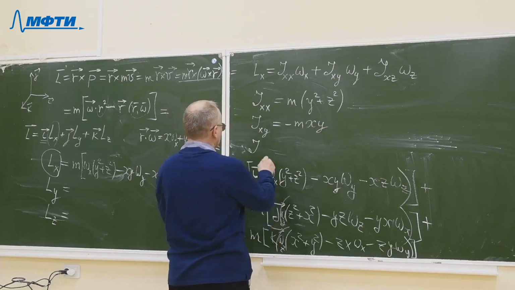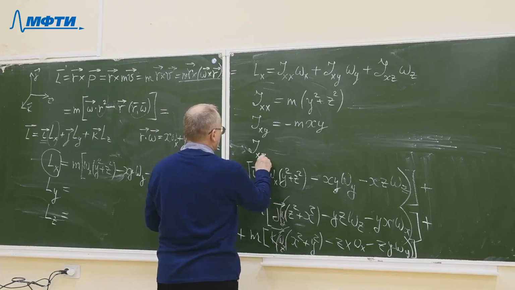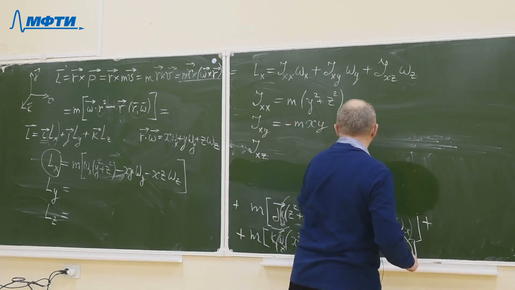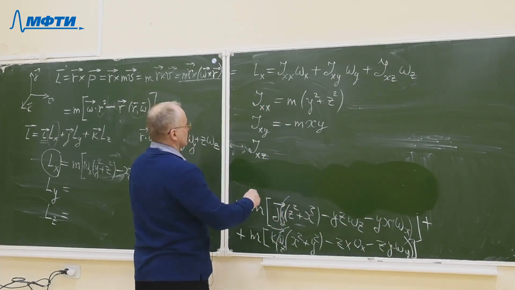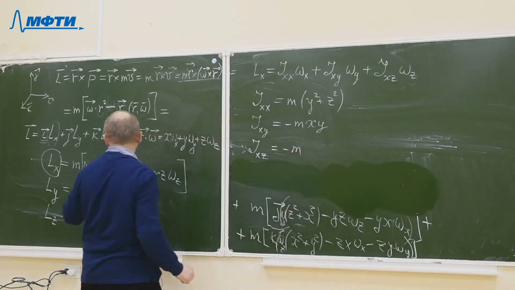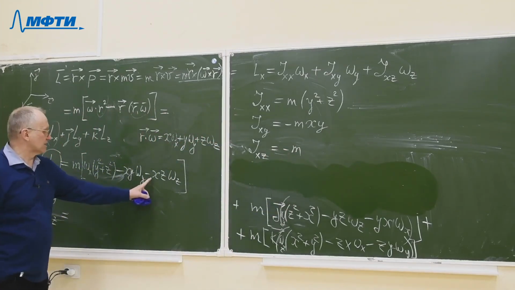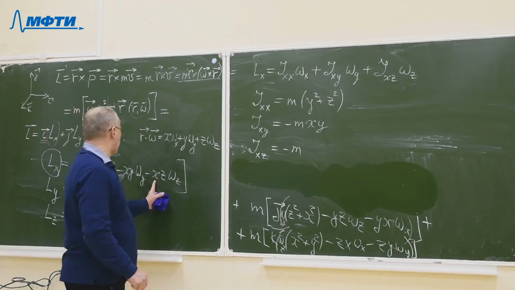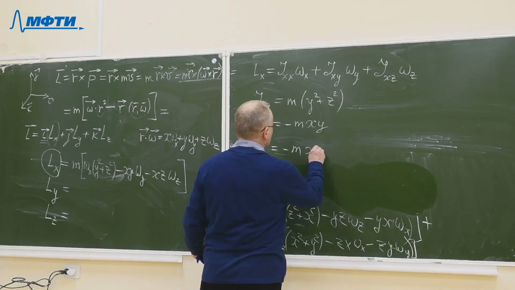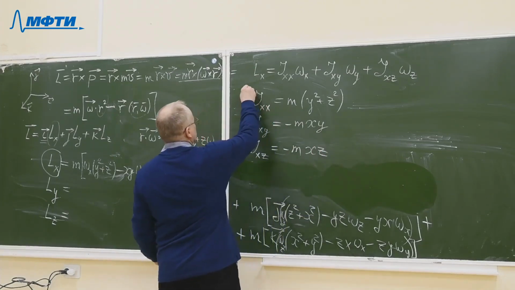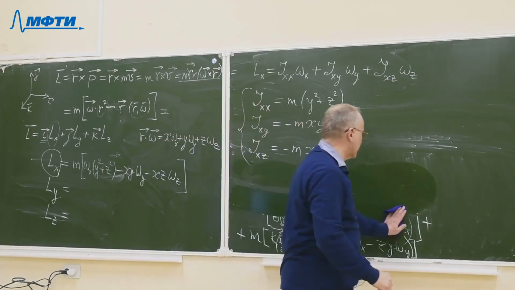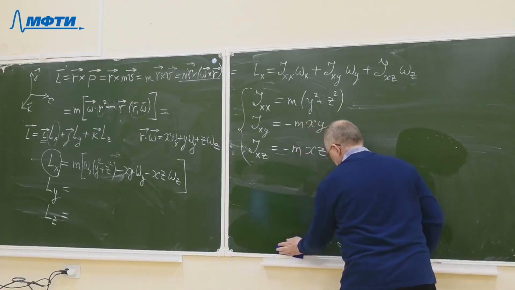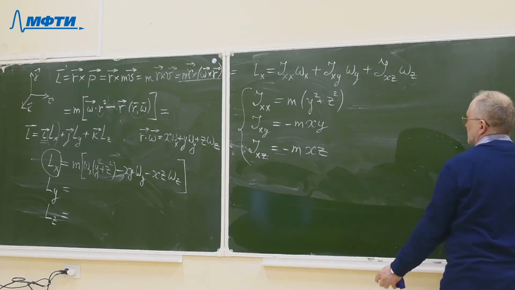And the component of the tensor of inertia Ixz will be minus m x z, the coefficient at omega z. That is, I have found the first line of components of the tensor of inertia, three components of the tensor of inertia.